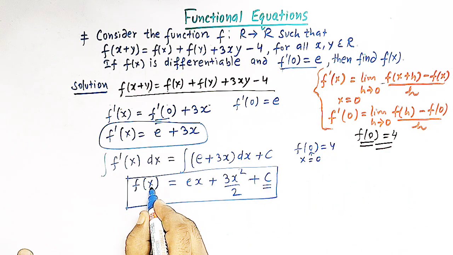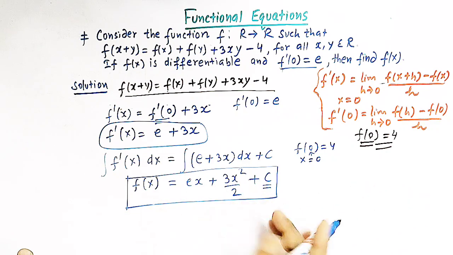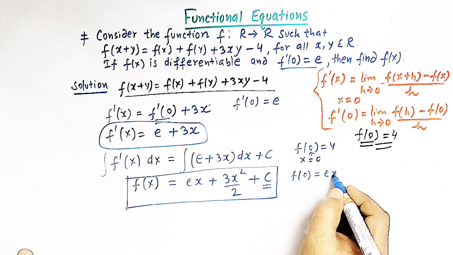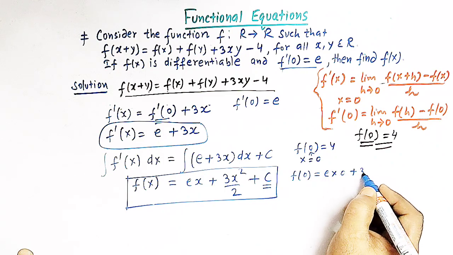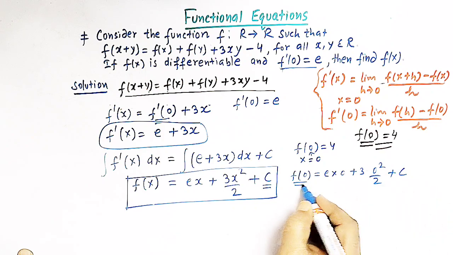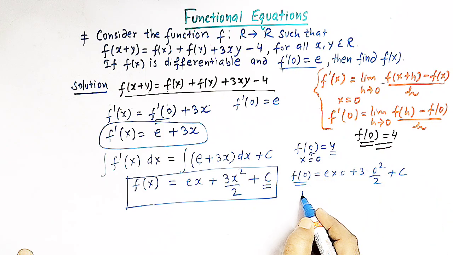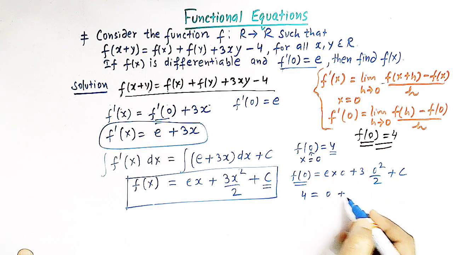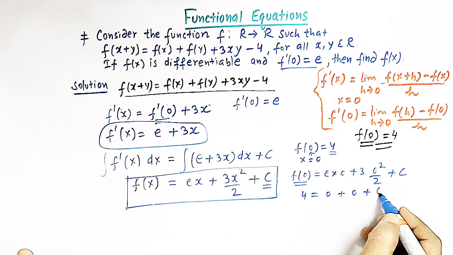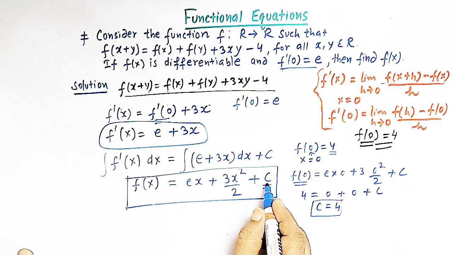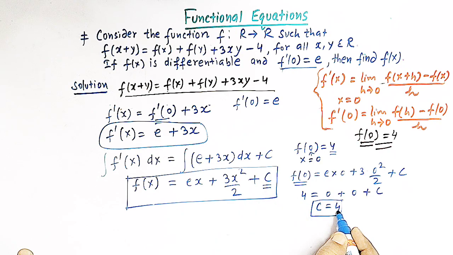When we take x equal to 0 in this equation, we have f(0) equals e times 0, plus 3 times 0 square over 2, plus c, and f(0) is 4. So we have 4, this term is 0, and here we have c. So c is equal to 4.